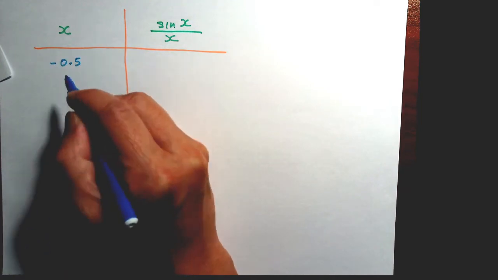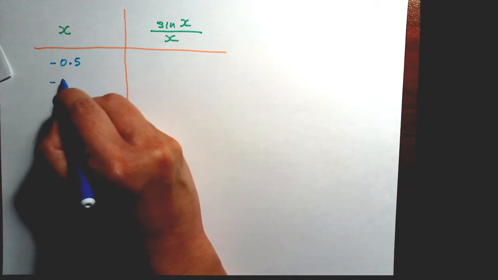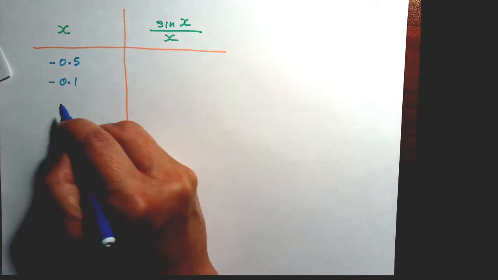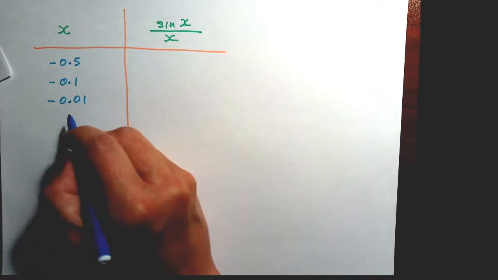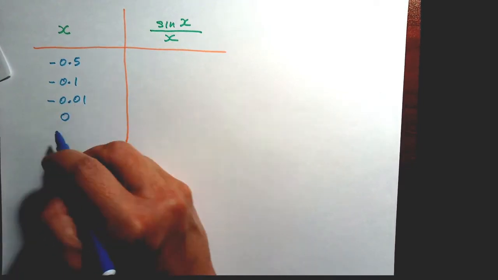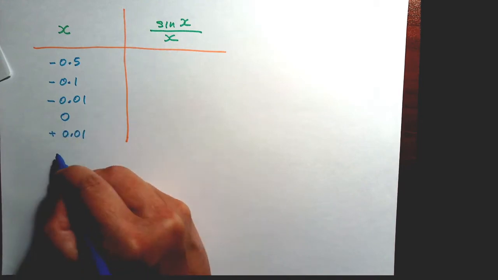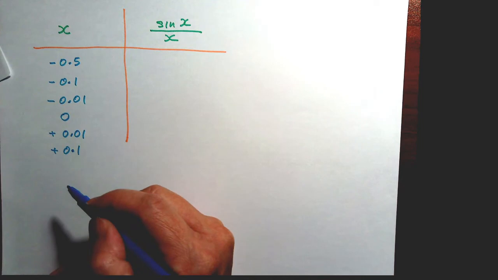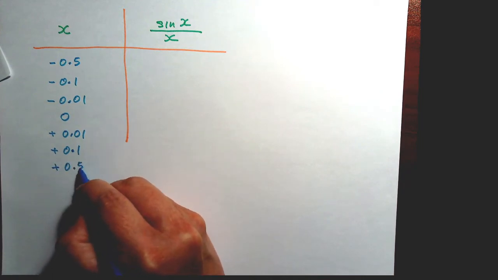Minus 0.5, minus 0.1, minus 0.01, the actual 0, plus 0.01, plus 0.1, and plus 0.5.